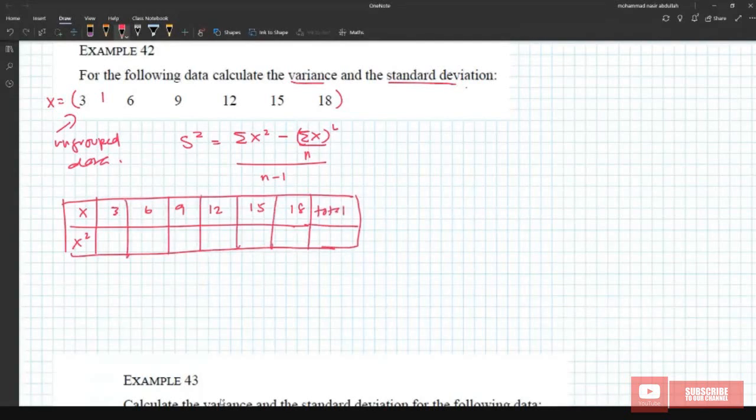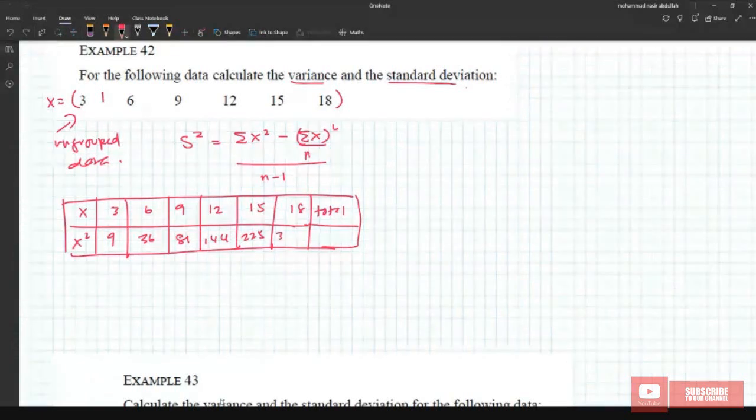So 3 to the power of 2 is 9. This is 36, and then this is 81, and then 144, 225, and the last one is 324. Right, this is a total.